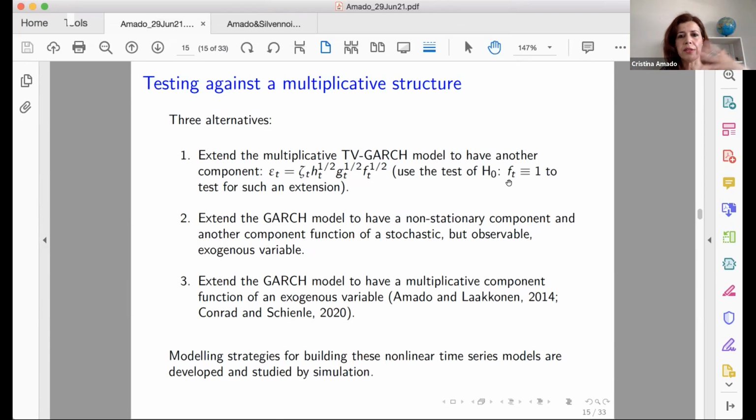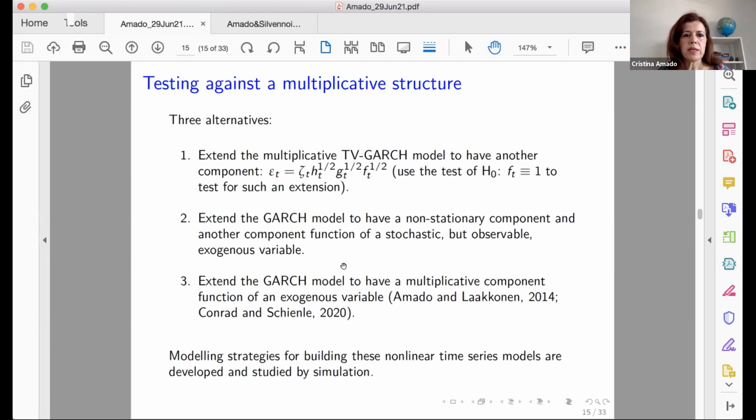If so, then the null hypothesis will have f_t equal to 1, and under the alternative we'll have the most simple specification for that f component, where we introduce the exogenous information. Or we could start with the GARCH case, and then think about extending this into a multiplicative decomposition, with a non-stationary component and also a stochastic component, introducing a stochastic observable exogenous variable.